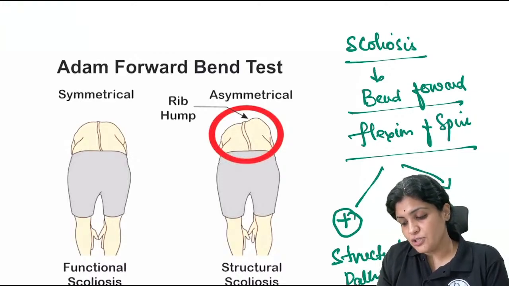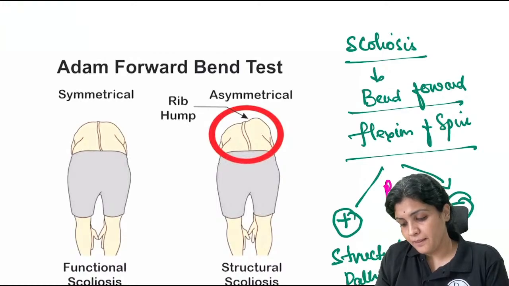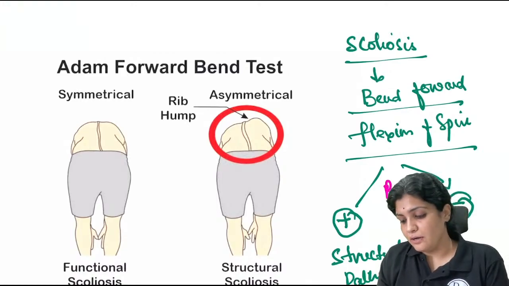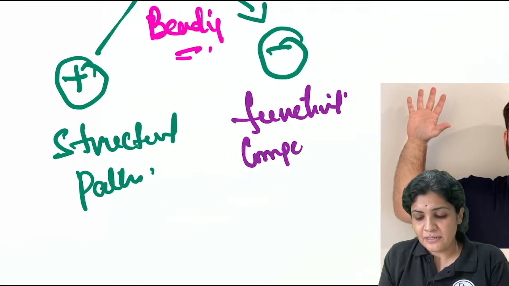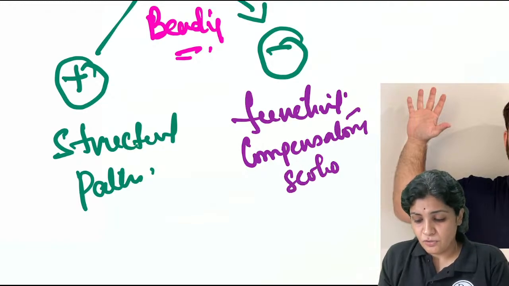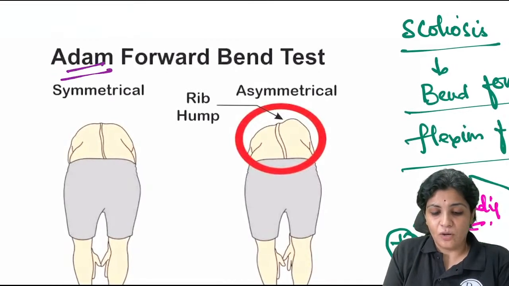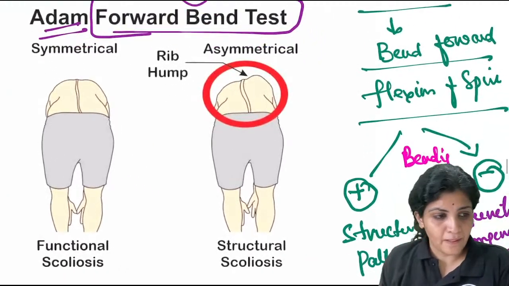If on flexion of the spine the scoliosis, the bending, is absent, then it is called functional or compensatory scoliosis. This has been given by Adam, and because we are asking them to bend, this is called the Adam forward bending test. Is this clear?